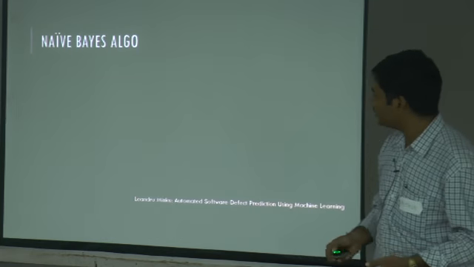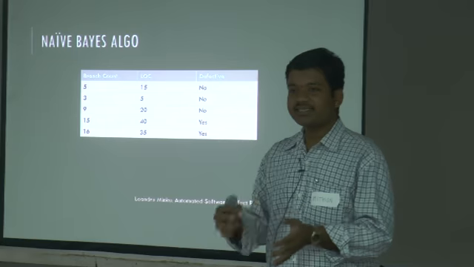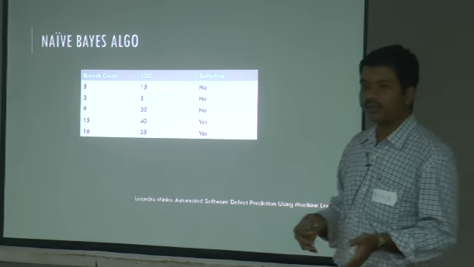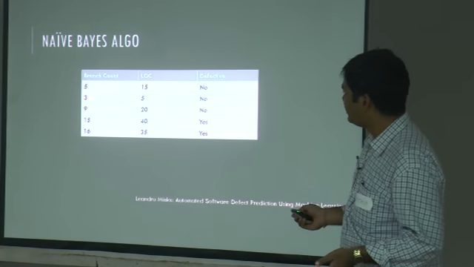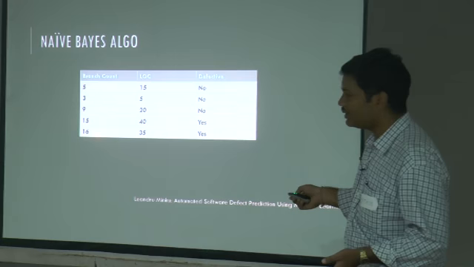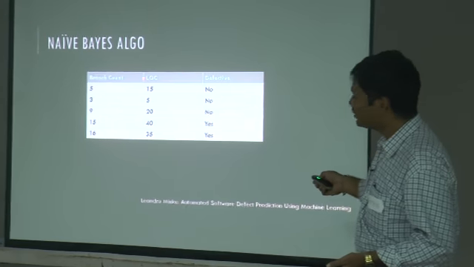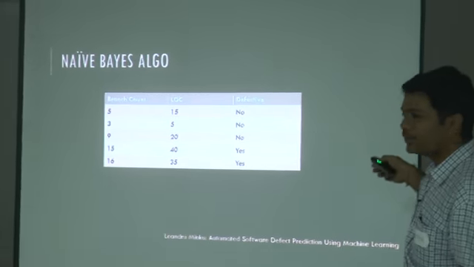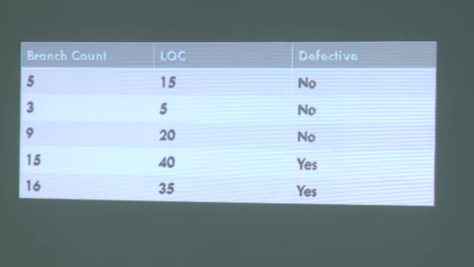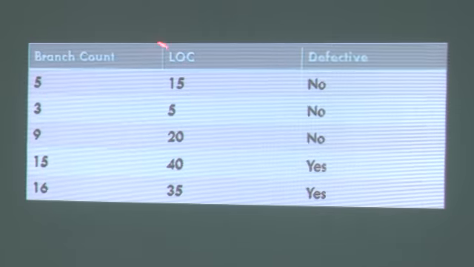Now, to apply it to our software testing space, let's look at a simple white box testing where we have, let's say, the branch count as 5, which increments over a period of time, and then we have the number of lines of code. It's a very small program, but in reality it might not be as simple as this, with just 5 branch count and 15 lines of code.